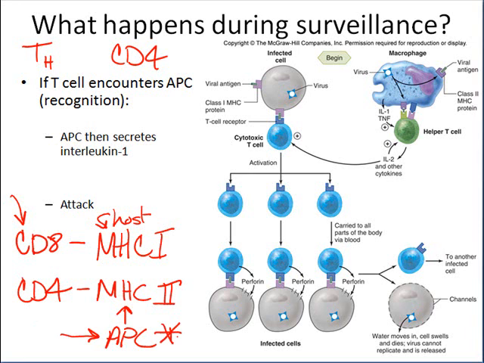An antigen presenting cell intentionally goes out, finds free-floating antigens, and consumes them.